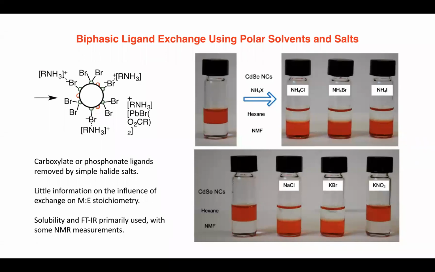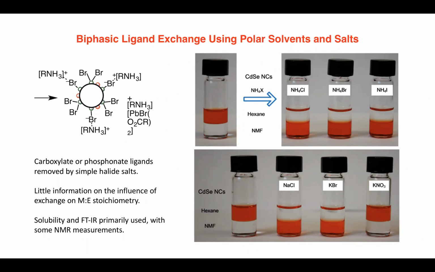Okay, and so there's nothing polar about an oleate chain. And in fact, if you add polar solvents that are soluble in hexane to a hexane solution of oleate terminated dots, they precipitate. So this conversion suggests that the ligand shell has been changed.